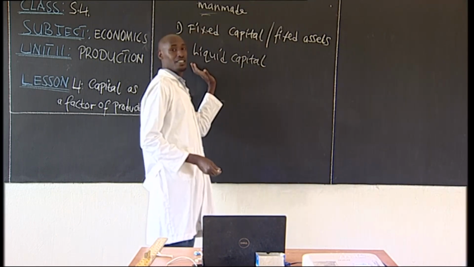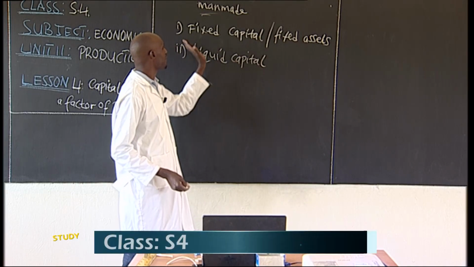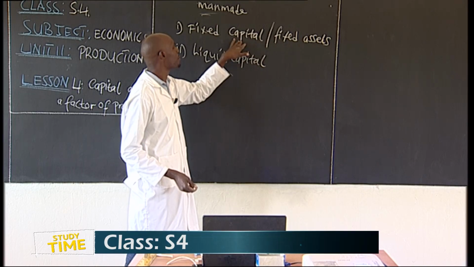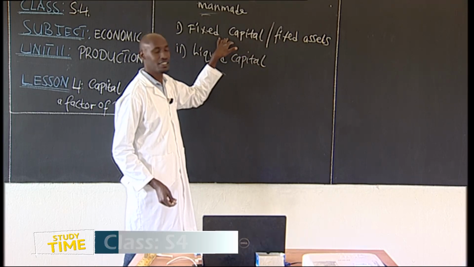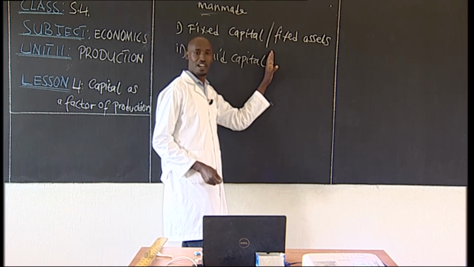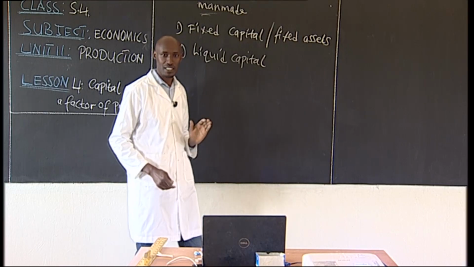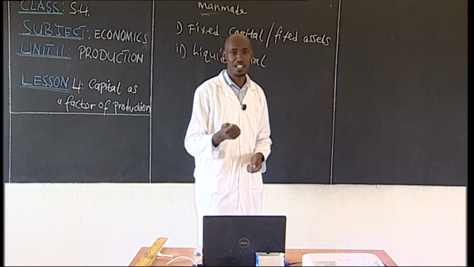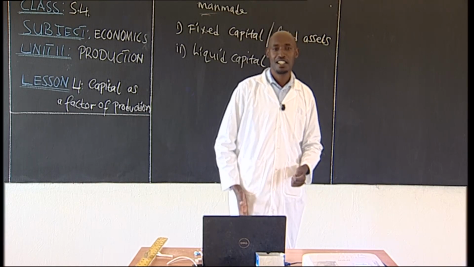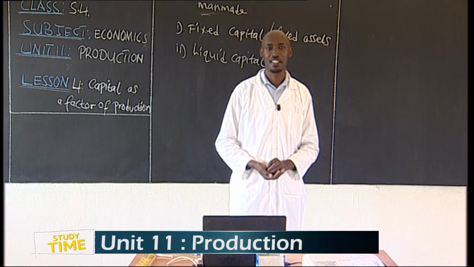Now, look here. Let's get the difference. Fixed capital cannot easily be turned into cash. Liquid is already cash, and we have assets that can easily be turned into cash. So you should always start telling people that, for me, I have cash. You have money in your wallet.